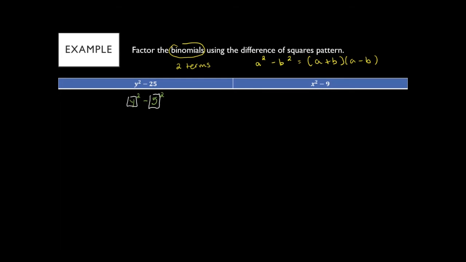So I have something squared minus something squared. And that's the way I kind of think of it, I don't look at the a and the b. I just think of something squared minus something squared. So we can kind of do boxes here. And so you're just looking for the pattern and you're filling in your boxes.